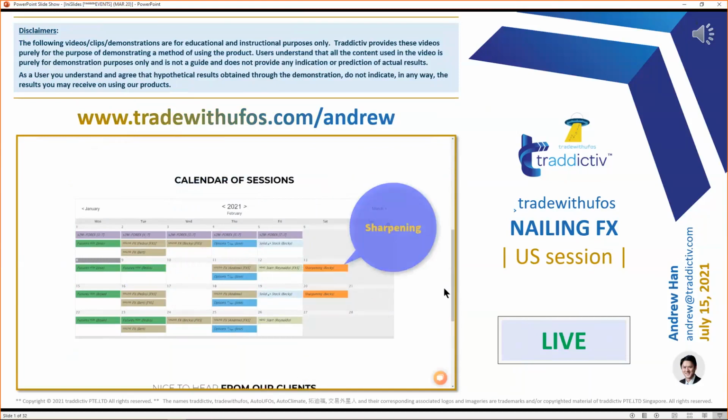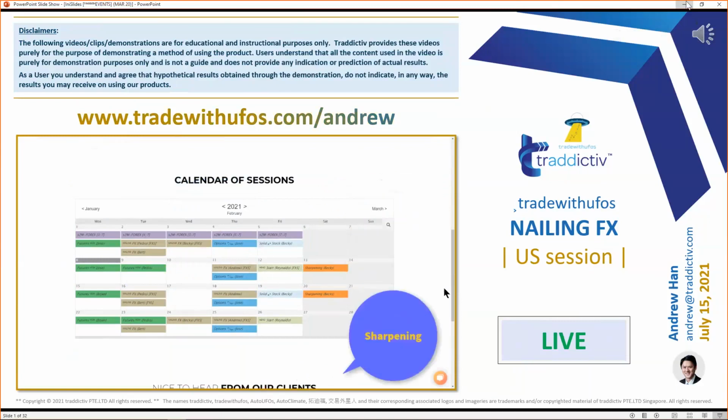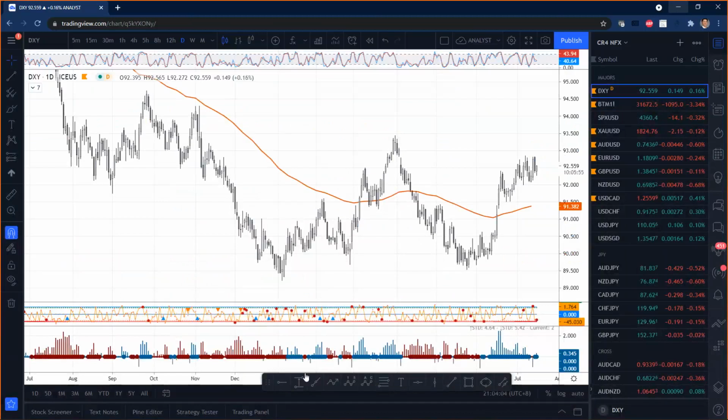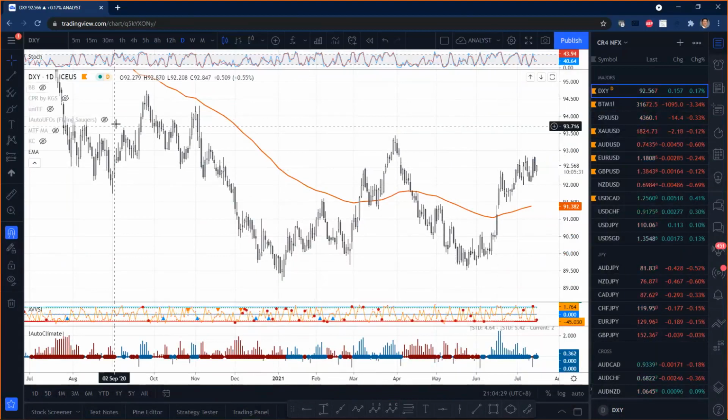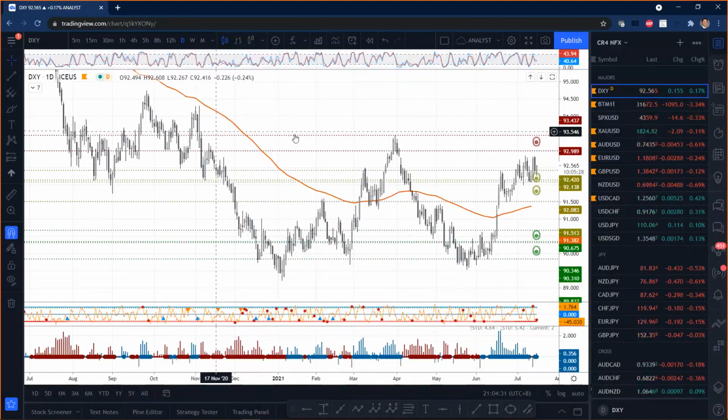All right, so let us get into the market straight away. Starting with the dollar and just taking the big picture view from a daily perspective, which we have here. And actually, if we turn on our UFOs here, what that is going to do is just identify an area or areas of interest where we can expect some buying and selling.